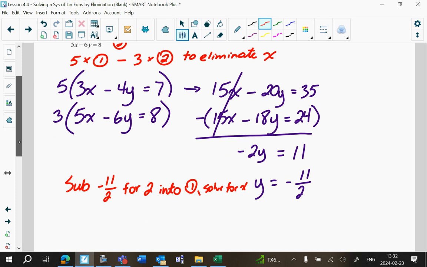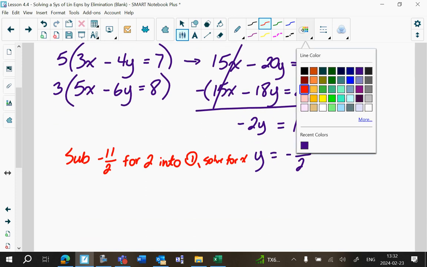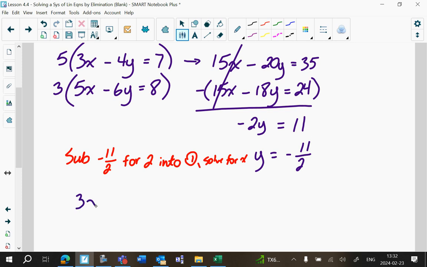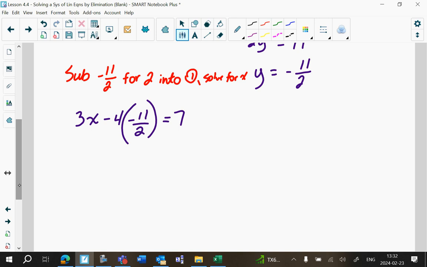So if we do that, we're going to get 3x minus 4 times negative 11 over 2 equals 7. What's negative 4 times negative 11 over 2? Negative 44 over 2. Is there an easier way to say that? 22.